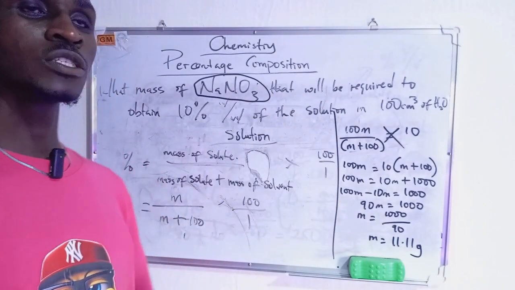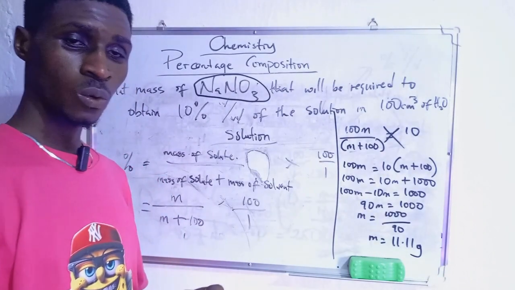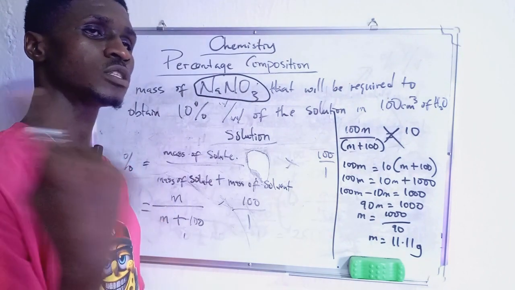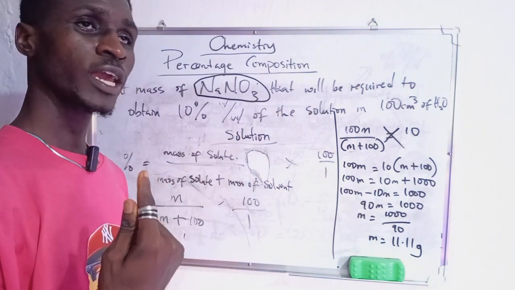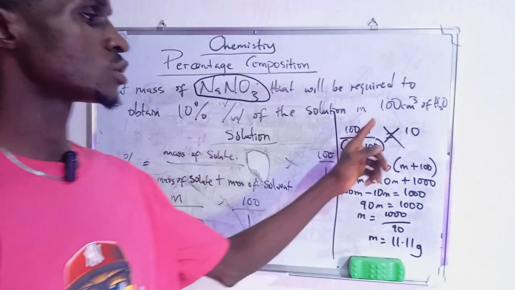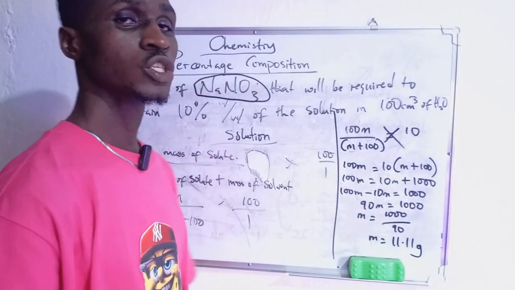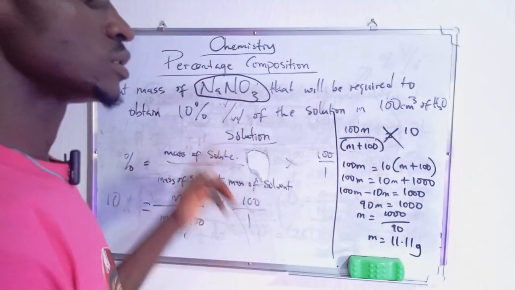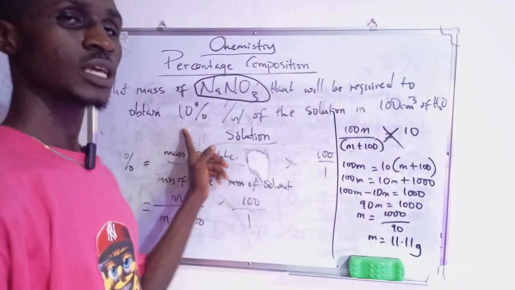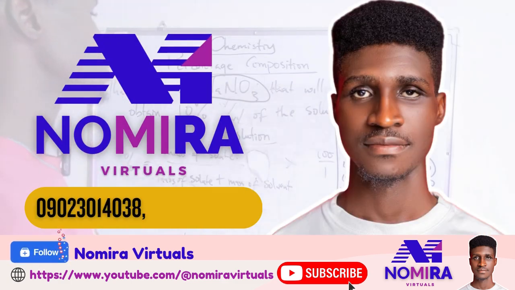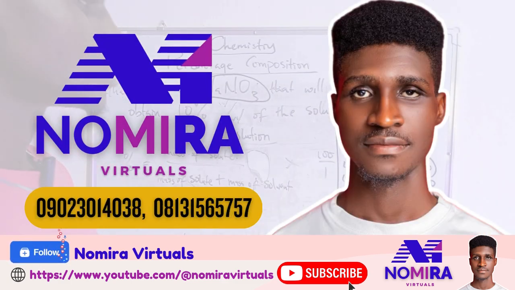Then when you dissolve it with a little amount of water, you fill it up to the ring mark, up to where it is graduated to be 100 cm cube. At this point, you have gotten the actual concentration of this particular salt, which is 10% mass per mass of sodium nitrate in 100 cm cube of water.